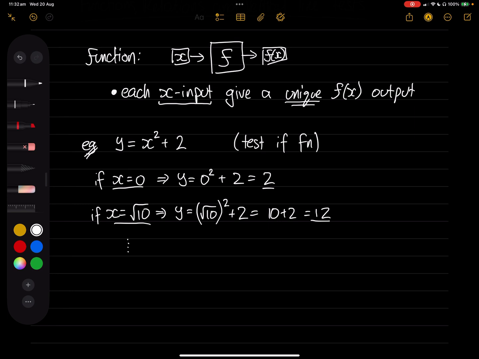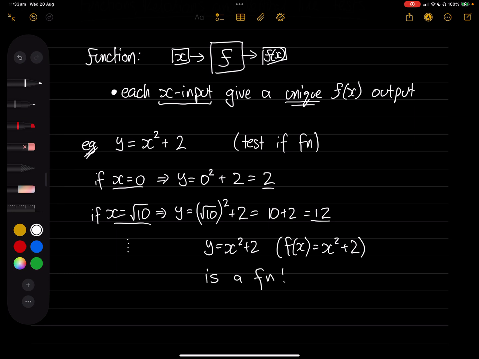And actually, you'll find that there's no input to this equation, no x input, which gives you multiple different y outputs. And consequently, y equals x squared plus 2, which we could write as f of x equals x squared plus 2, is a function.